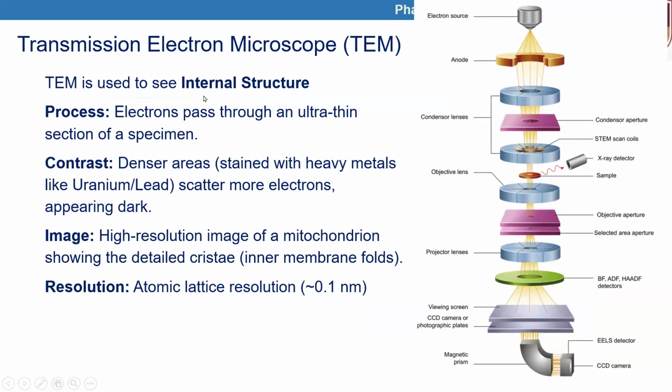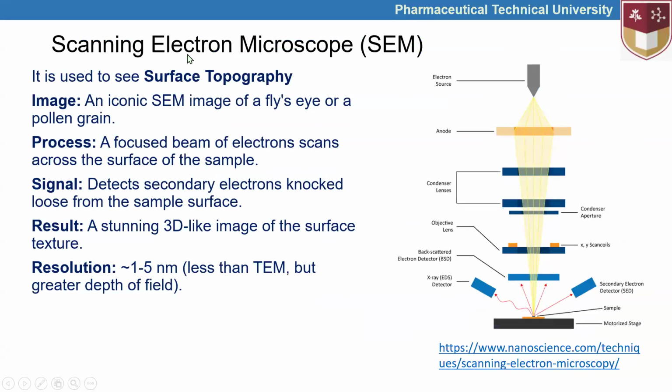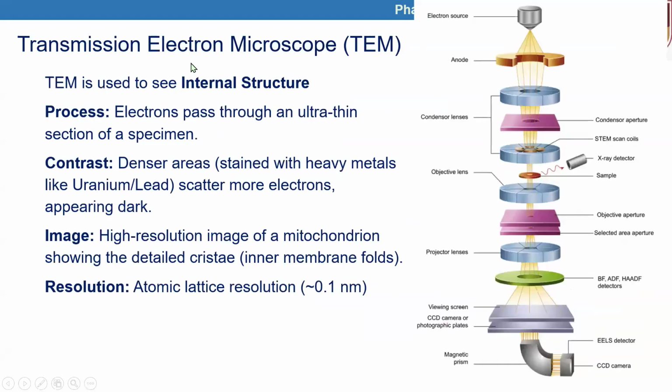And this is about transmission electron microscopy. Actually, there are two main types of electron microscopy. The first one is transmission electron microscopy. The second one is scanning electron microscopy. Transmission electron microscopy has a complex mechanism.